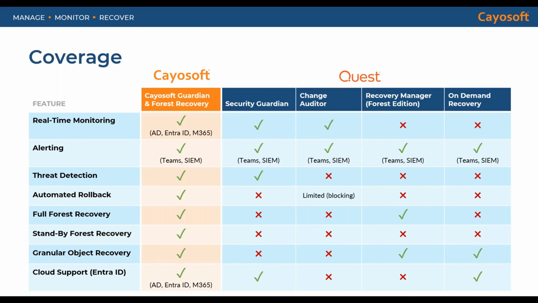We can do both granular object recovery as well as full-on cloud support for these solutions. So ironically, if you look at just Cayosoft Guardian and Forest Recovery, we're expanding your coverage, right? So that is with one solution, making it very easy for your organization to really monitor and recover your environment.